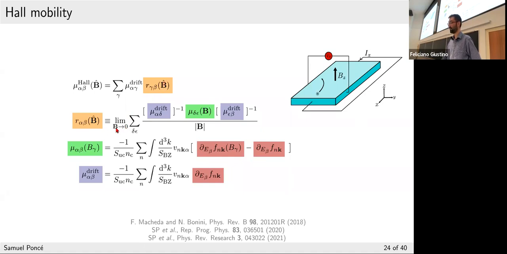It's really in the limit of vanishing magnetic field: you have this ratio between the mobility computed with magnetic field and the drift mobility. And so one can also compute the mobility with magnetic field. To obtain this, you need the change of occupation for a finite magnetic field when the magnetic field goes to 0.